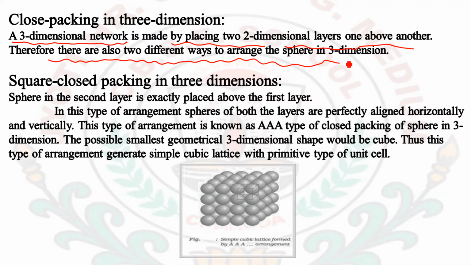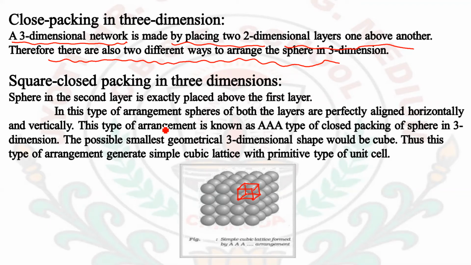First was the AA type. As we remember, a 2D layer was AA type only. So when AA type layers are arranged with each other, the arrangement forms a cubical structure like this.